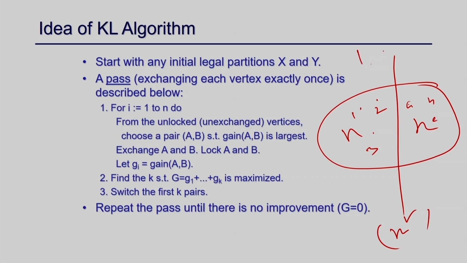So you can take 1A, 1B, 1C, similarly 2A, 2B, 2C and 3A, 3B, 3C. These are all the possible pairs, because our objective now is to swap 2 nodes. So you find out all these n square possibilities and then you choose the best one.